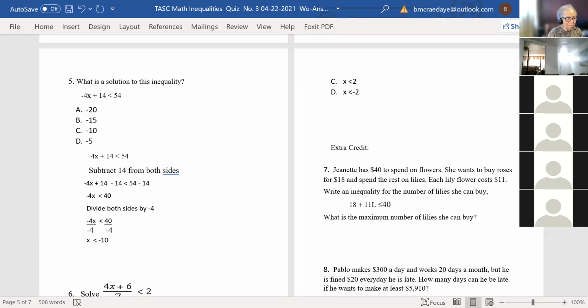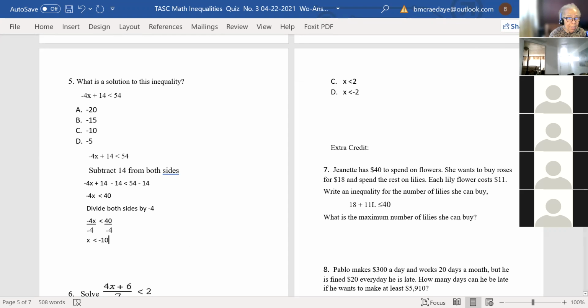So you move the 10 over and you change the sign. No, what do you do? When you reverse, reverse the inequality sign. So what does this become, Maureen? Greater than. We have less than, so you have to reverse it.